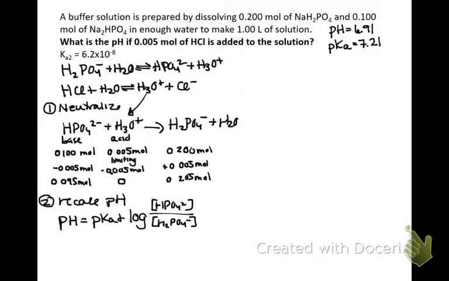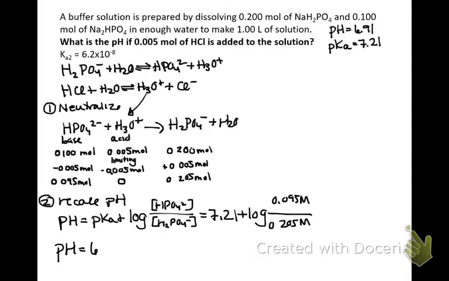So that's going to be 7.21, the pKa we worked out, plus log of 0.095 moles per liter, because these are each in 1 liter, divided by 0.205 moles per liter. When I do that, I get that the pH equals 6.88.